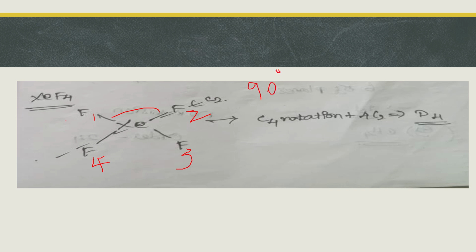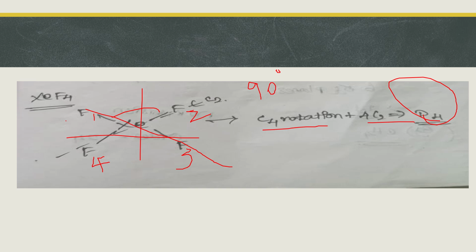So we have the C4 rotation, and based upon this and this, we get the 4 C2 axes. So it has 4 C2 and 1 C4 rotation. So XeF4 belongs to the D4 point group.